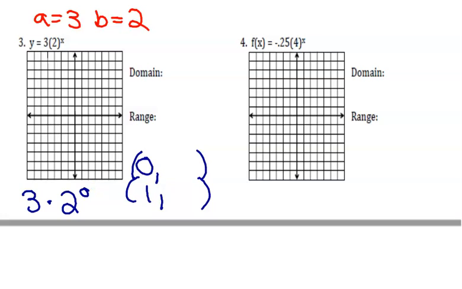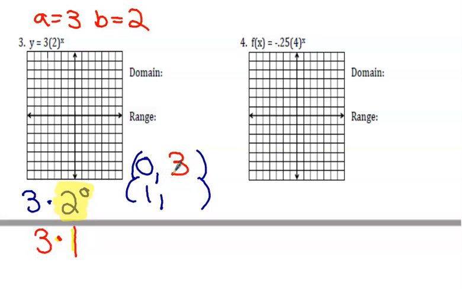Please be careful. You are putting that into the calculator first. I have to do 2 to the 0, not the whole thing. Just the b, just the 2 is to the 0 power, which is 1. And then I have 3 times 1, which is 3.